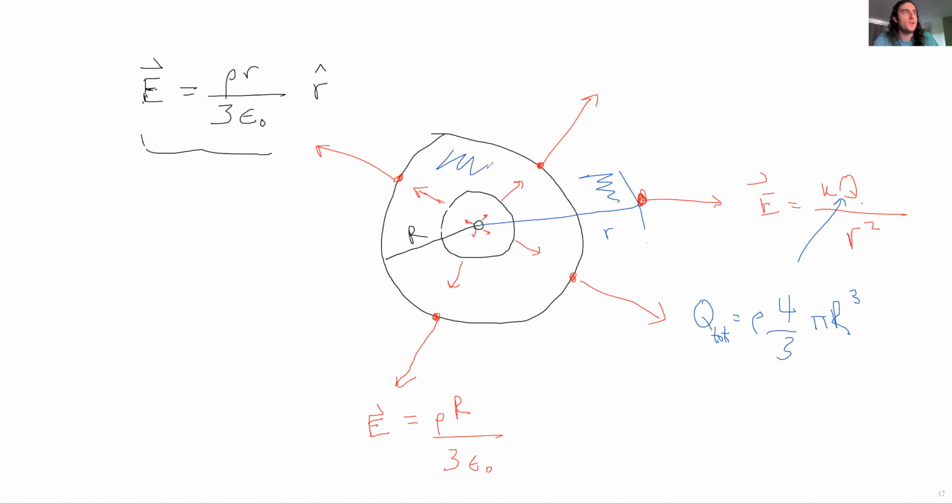We just want the full volume of this sphere here, just that sphere. So it's big R cubed. So you plop that in there. So for your final answer, you'd have E equals, and you can do this with Gauss's law, by the way. Do a surface like this that's outside of the sphere, and you're going to get the same answer that you have here. So what do we have then? We have rho.